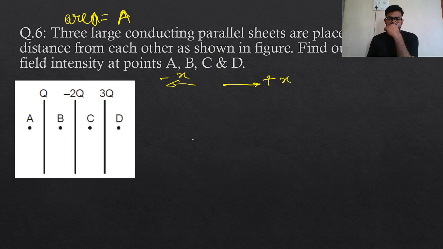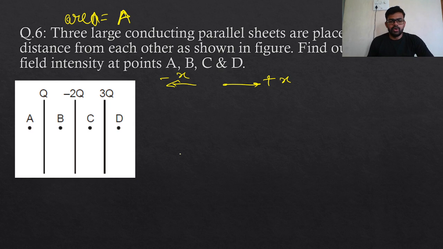Remember, it doesn't matter whether the charge is positive or negative, we will write the direction according to the direction of the field. If it is in the negative direction, then we'll write the field as negative. If it is in the positive direction, then we'll write the value of the field as positive.